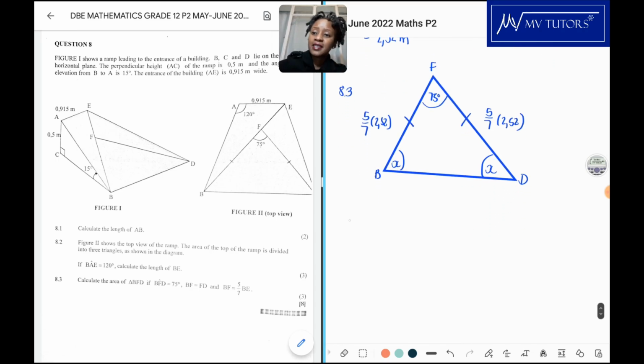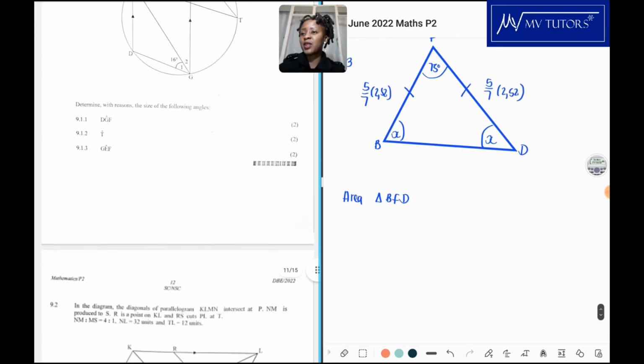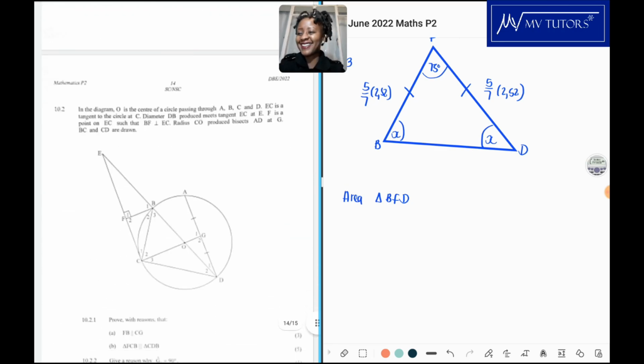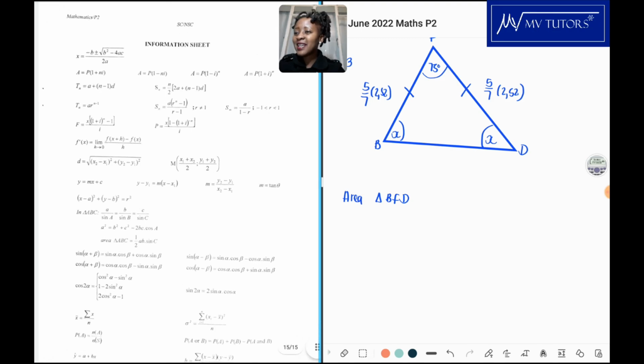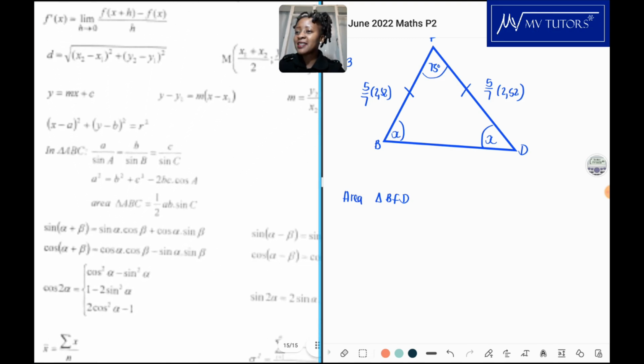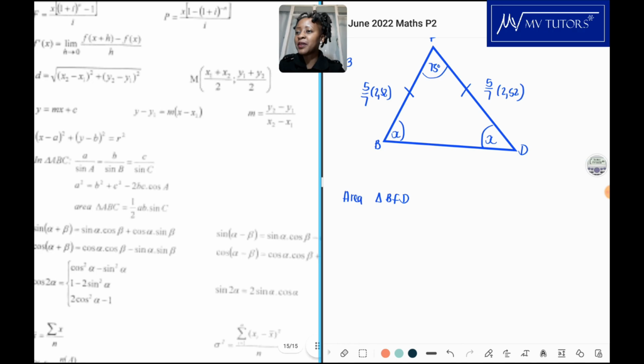So, the area of triangle BFD. What are we going to do? We're going to look at the formula sheet because I kind of forgot it. What is the area rule? There it is. It's a bit blurry, but it's coming.